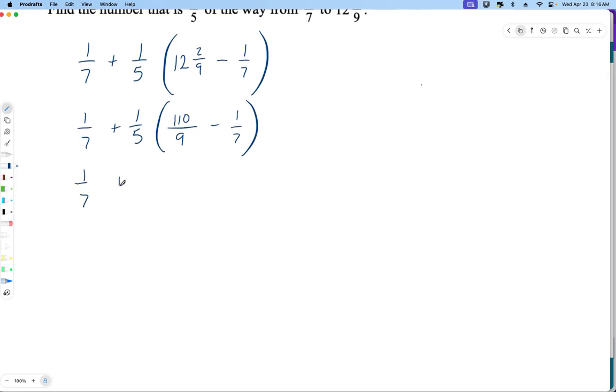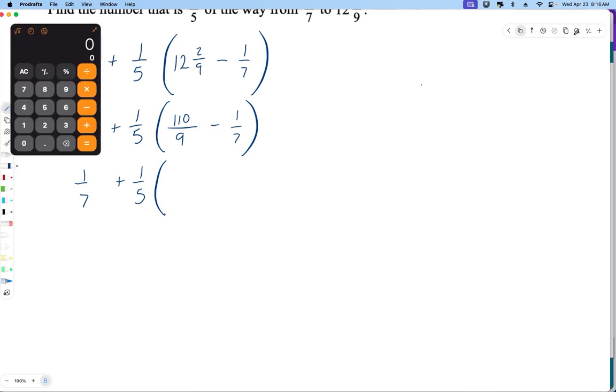1 over 7 plus 1 over 5 times. So a common denominator between 9 and 7 is going to be 9 times 7, I'm pretty sure. So I need my calculator because those are big numbers. Well, this one's not. So 7 times 110 is going to be 770, and 7 times 9 is 63.